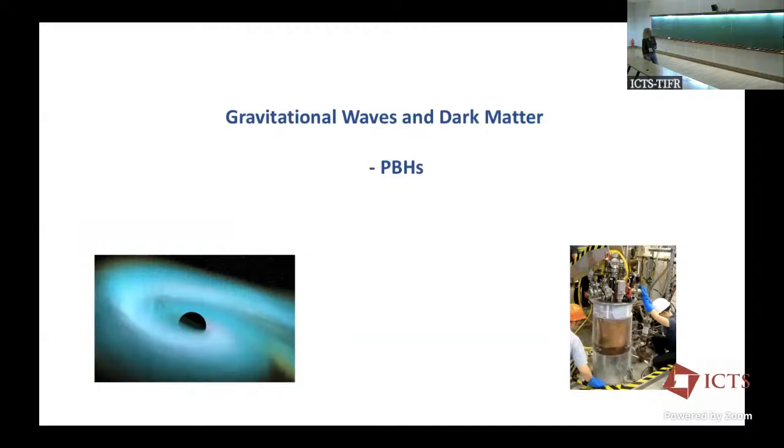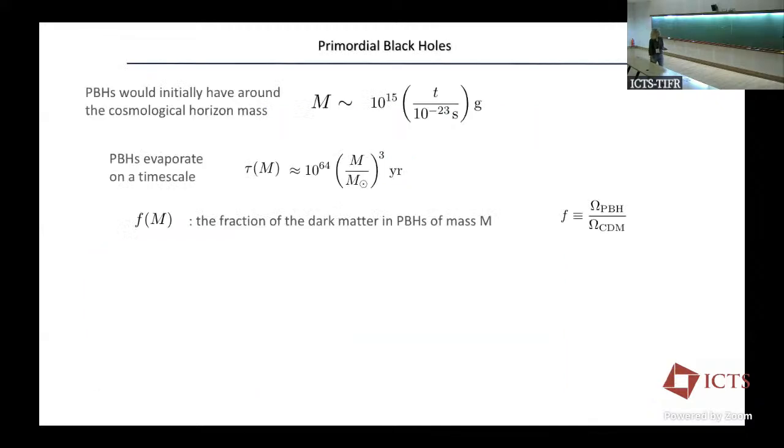Primordial black holes. So, as you know, this is the mass of primordial black holes around the horizon mass. They evaporate on this time scale. I will define by f of m the fraction of dark matter in primordial black holes of mass m.